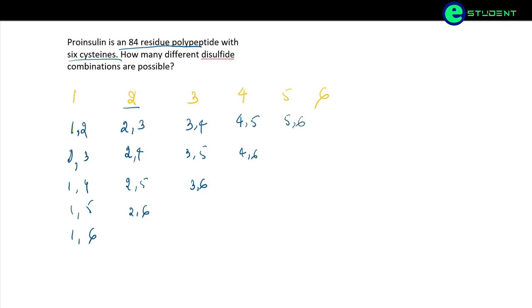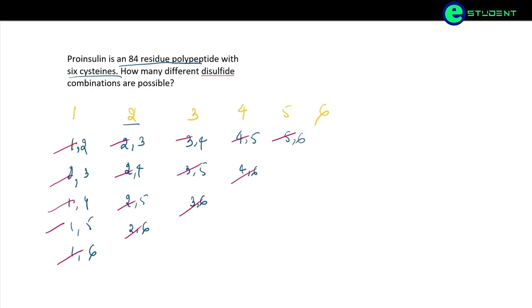So counting 1, 2, 3 up to 15, the total number of possible combinations between 6 cysteines is 15.